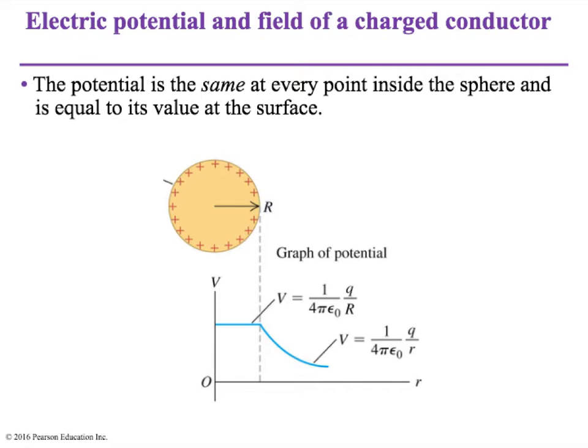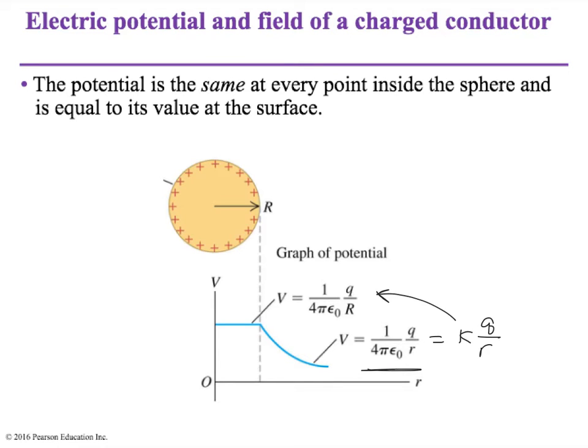And then as we go outside of the conductor, the potential again will look like the potential due to a point charge. Again, I can write this also as kq over r. You might recognize that expression from earlier. The potential inside, because it's constant and we can't have a discontinuity at the surface, has to also be equal to this value as well.